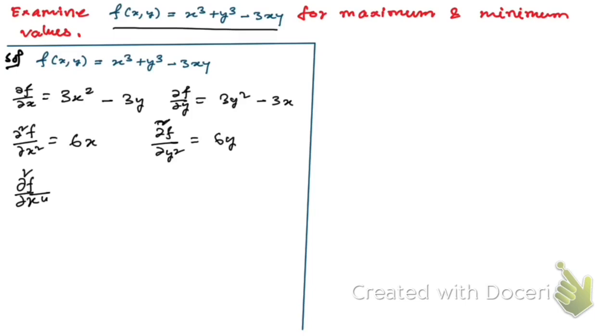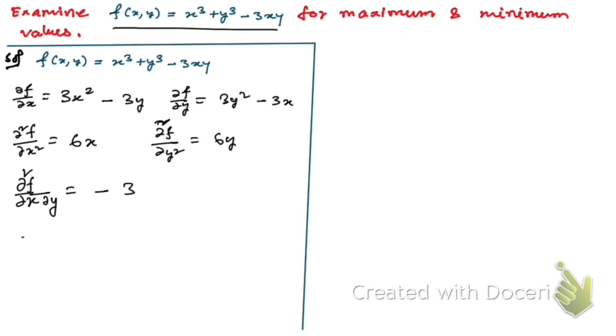So first let me find this one, before finding the point of maximum and minimum. So let me check this one. So differentiate this with respect to y again. So then you're gonna have minus 3, right? You're gonna have minus 3. So product of these two is greater than plus 3 or greater than minus 3 or less than minus 3. We can't say now because here we still have variables.